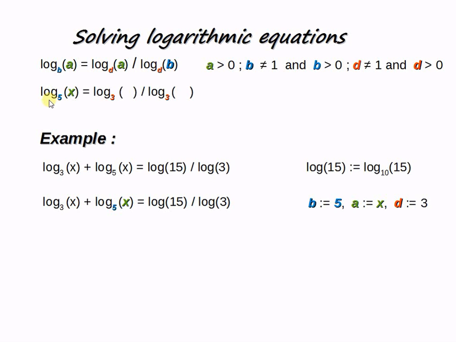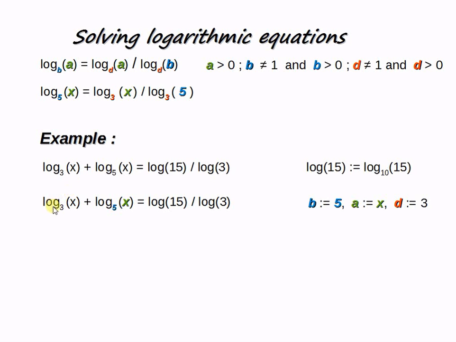Now log base 5 of x is equal to log base 3 of something over log base 3 of something else. And we know that 5 is our original base, so 5 goes to the denominator of the equivalent quotient, while x is our original argument, so a goes to the numerator. And that's it, simple as that.